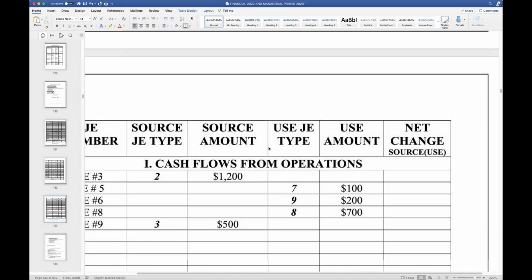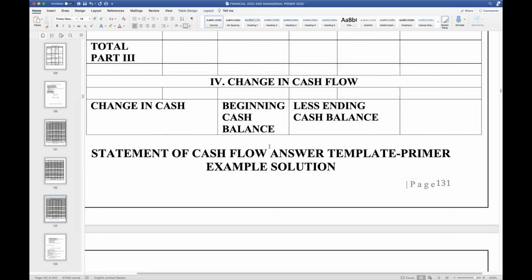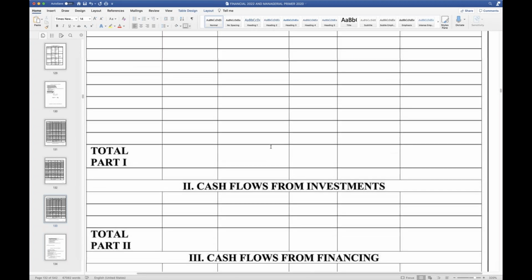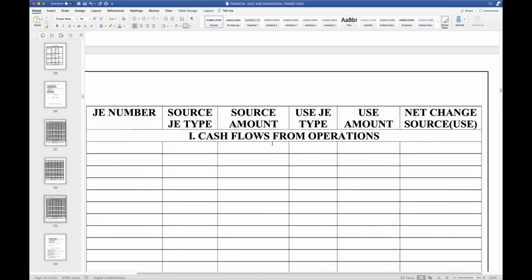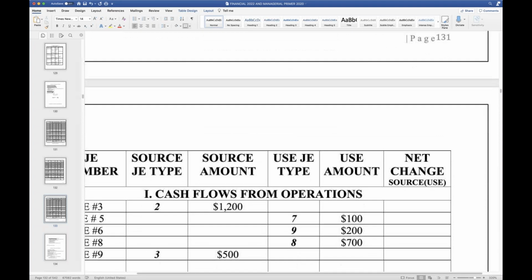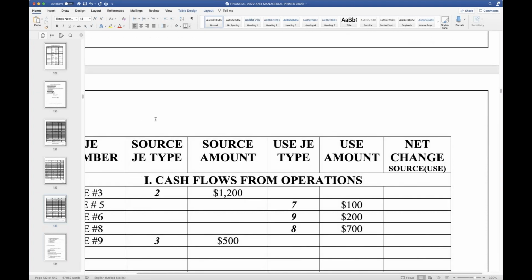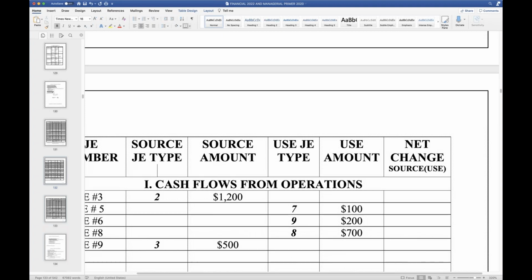Okay. Good question. If you have a 1 through a 6, it's going to be on the source side.